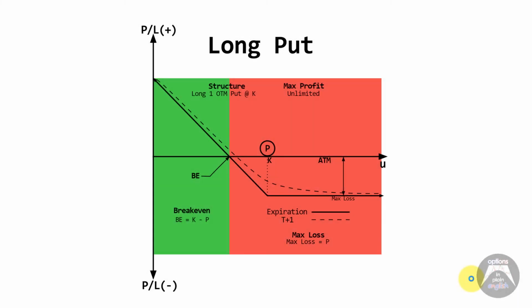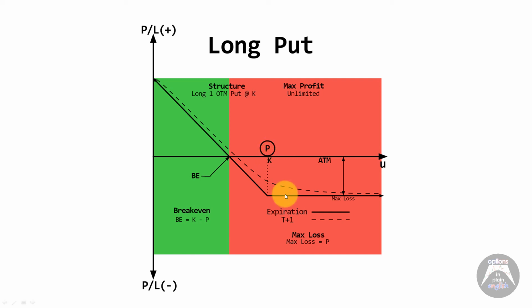Today we're going to be talking about a long put, and in particular, we're going to be analyzing the risk profile of a long put. On this graph, we can see that if we buy a put, which is indicated by this circle with a P, when you buy it, you're going to be paying a certain amount, and that amount is going to be the option premium.